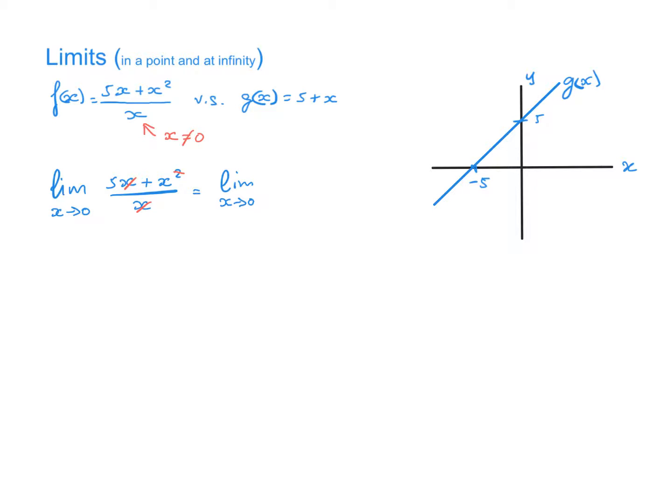So it's the limit of 5 plus x. Here in this instance, if x is 0, there's a problem. Here, if x is 0, there's no problem at all. So I know that when x approaches 0, this x here approaches 0, so the whole function approaches 5. So the answer is 5.